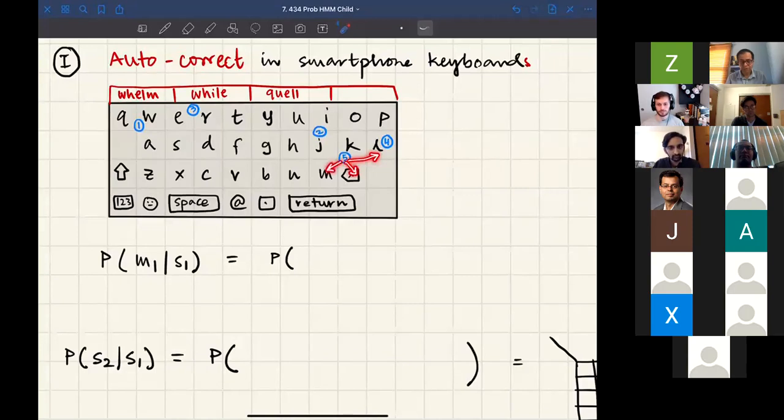Hey, what about that? That's possible. LM, there are some words that have LM. So Q, U, something, LM. This letter, what can it be? It could be A, but that doesn't really make sense considering what it is.